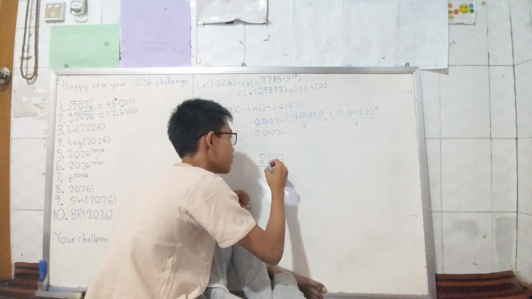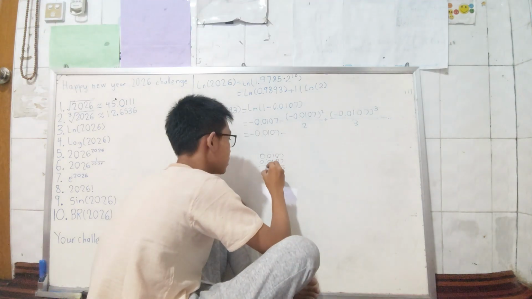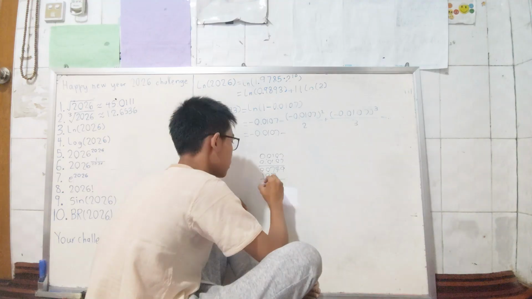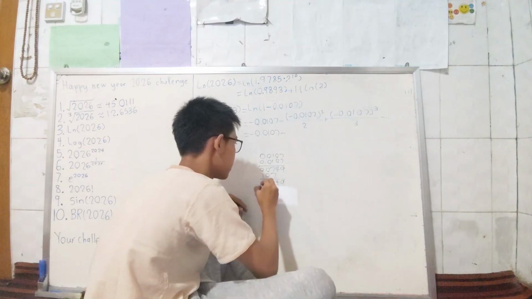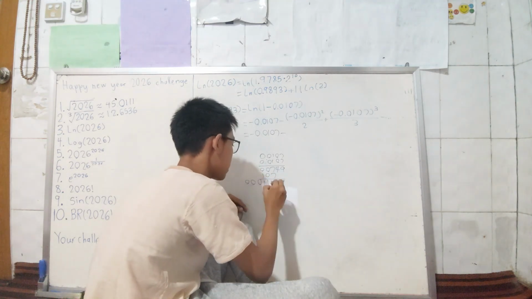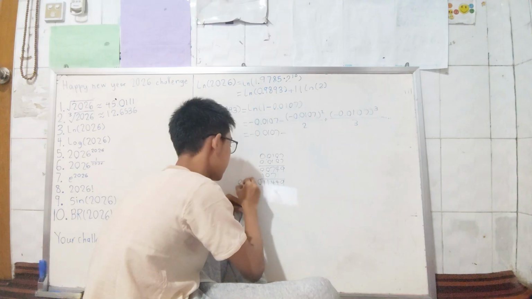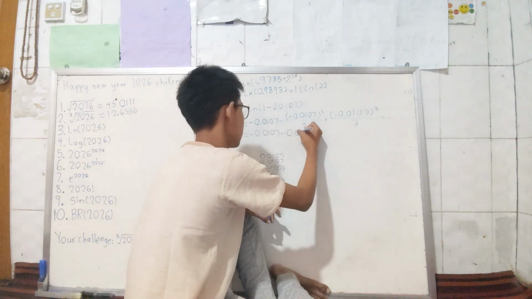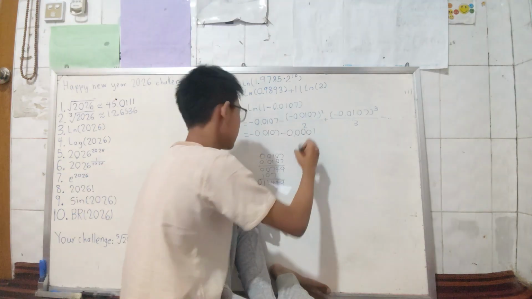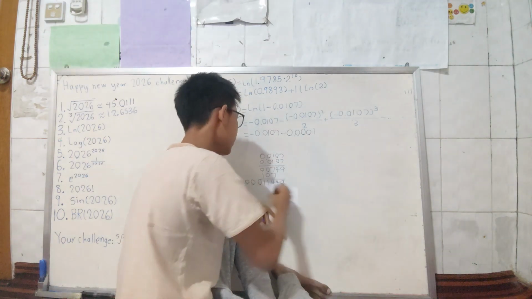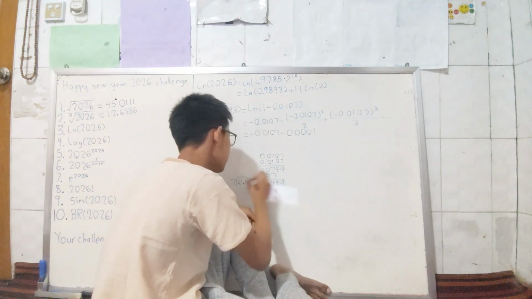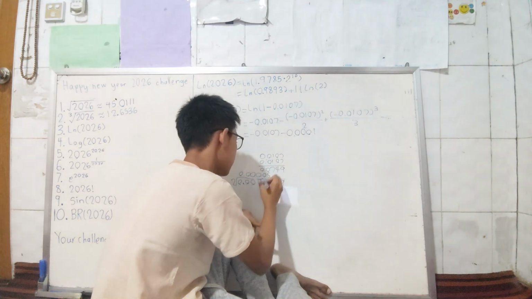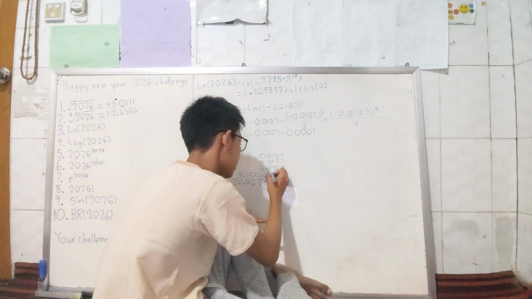So it's going to be 0.0107 times 0.0107, 49. And this is going to be 7, 107, 11449. We should have 5. That's gonna be 0.0001, but we haven't divided by 2 yet. But if we divide it by 2, it'll be more than 5, right?